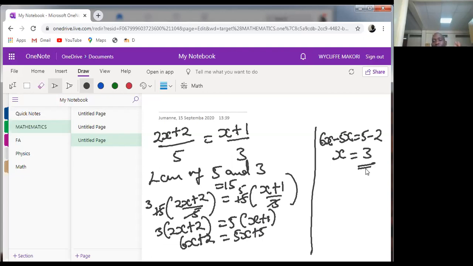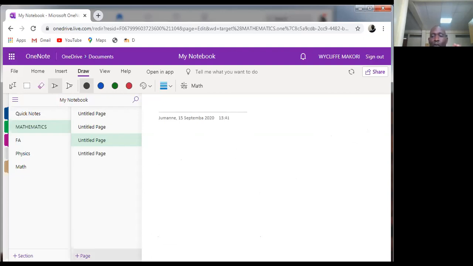And you find your answer like that. So these kinds of equations are made easier or simpler if you multiply everywhere by the LCM. If you don't multiply everywhere by the LCM, it's going to be a bit difficult for you to work out that particular equation.